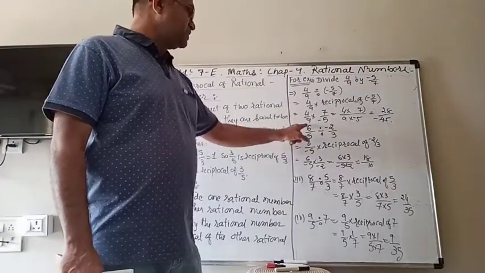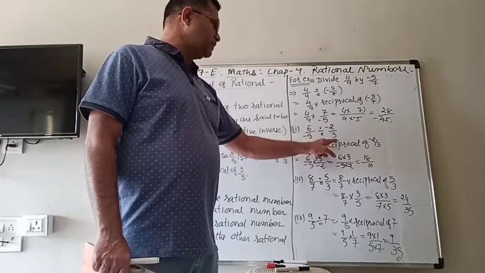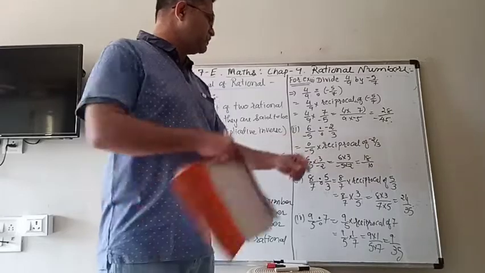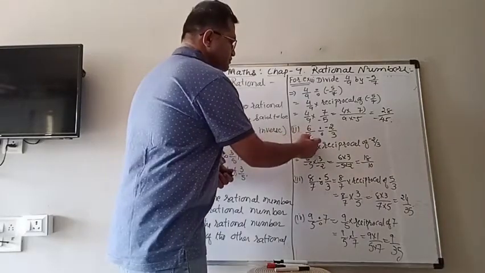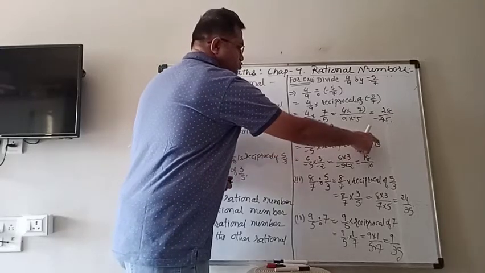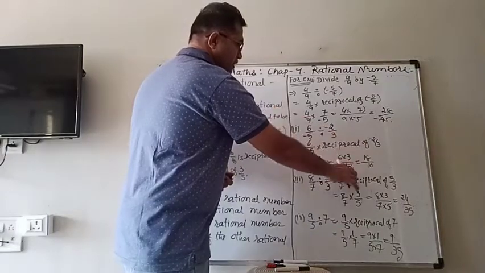Second, 6 upon minus 5 divided by minus 2 upon 3. So here also what we will do, 6 upon minus 5, 6 will be as it is, and then multiply by the reciprocal of minus 2 upon 3. And what is the reciprocal of minus 2 upon 3? 3 upon minus 2.